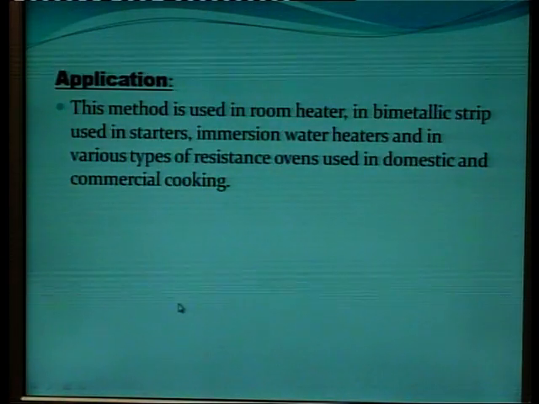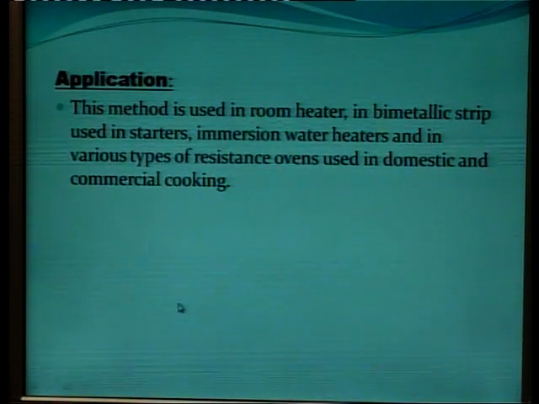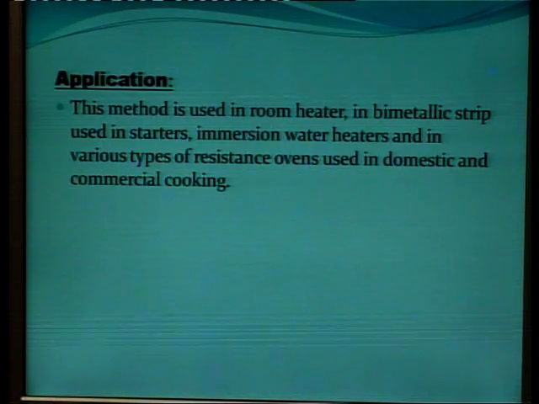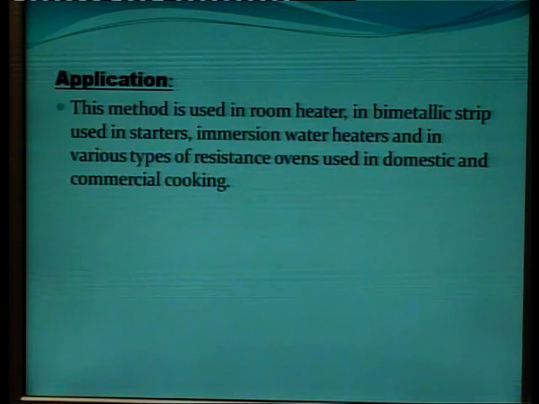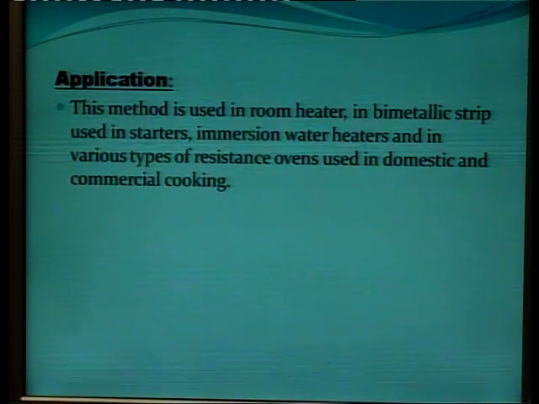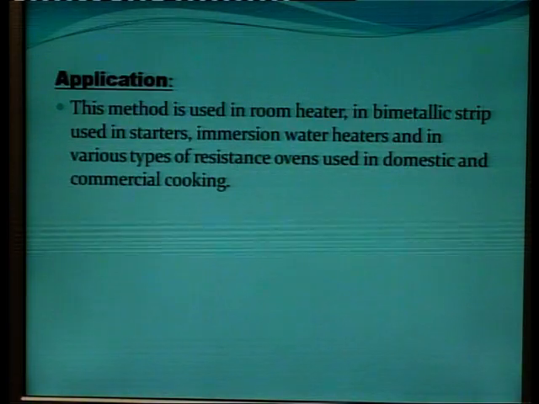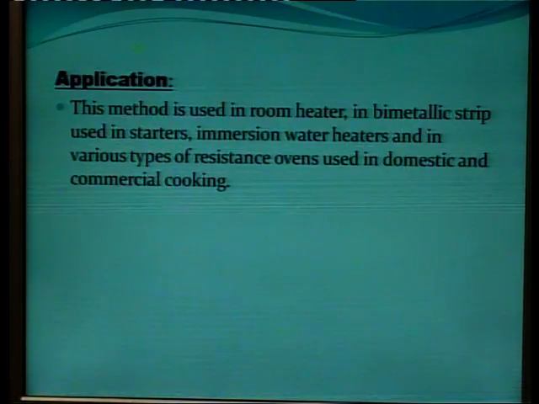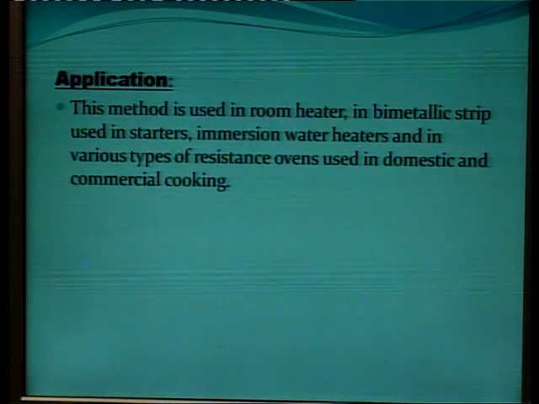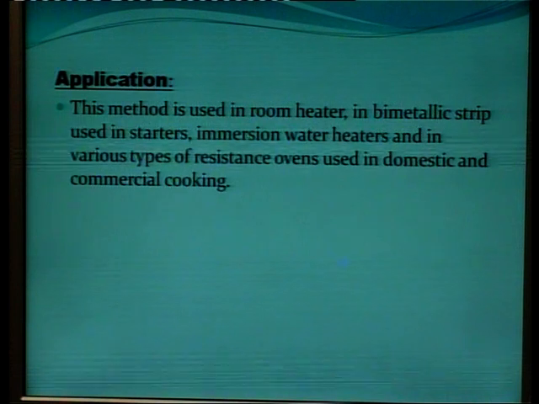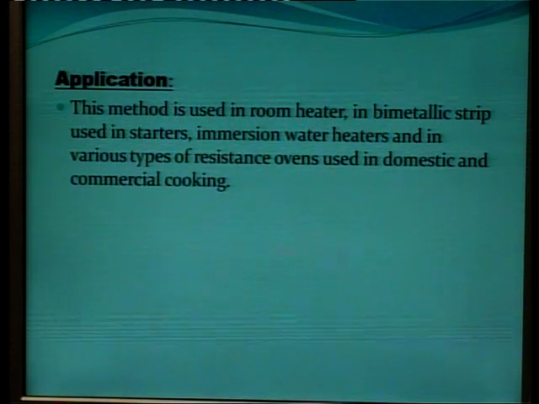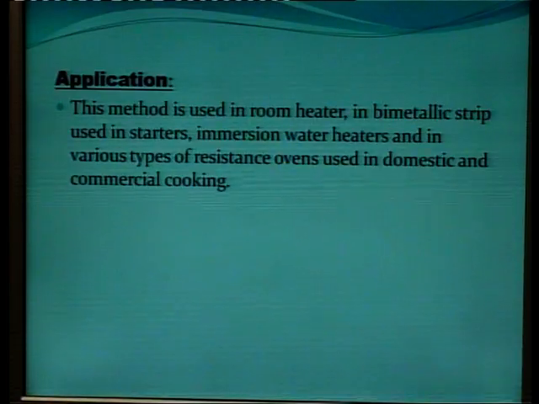Now, application: because the charge and the heating element are not in direct contact with each other, the temperature obtained here is comparatively less than the direct heating method. Now, this method is used in room heaters, in bimetallic strips used in starters, immersion water heaters, and in various types of resistance ovens used in domestic and commercial cooking.